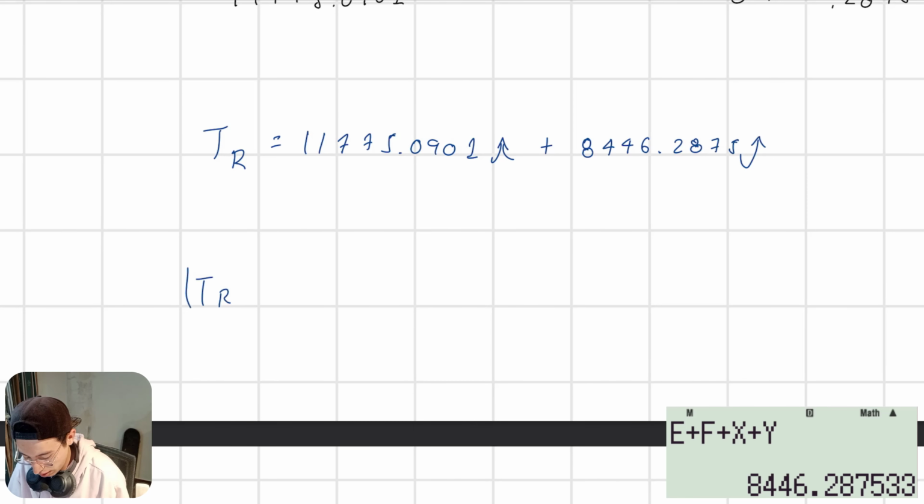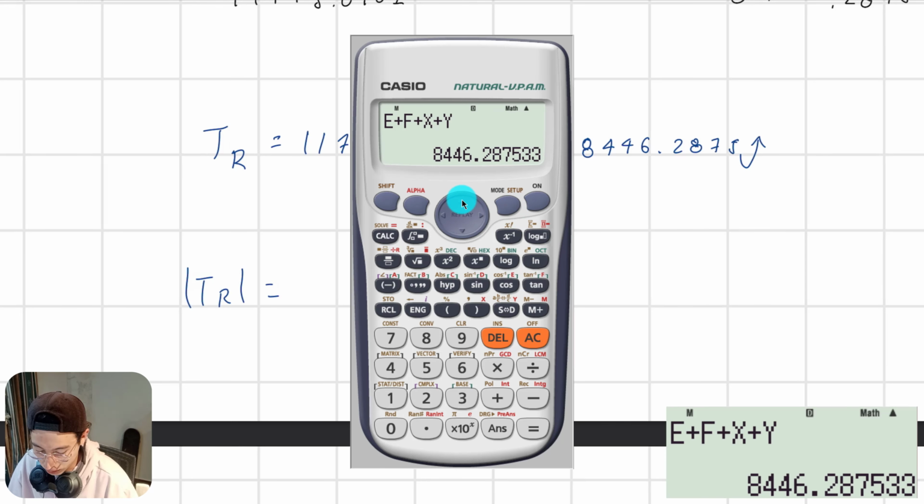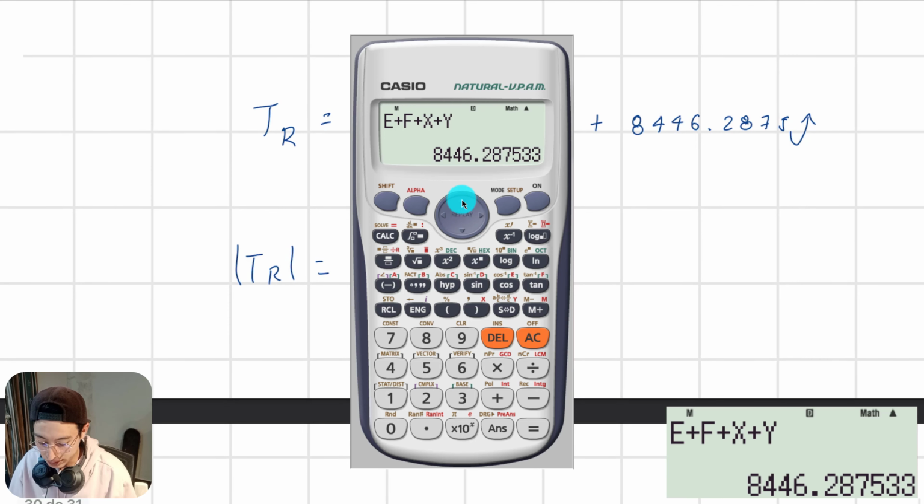And finally, I am going to be able to determine the total force exerted by determining the magnitude of the vector.